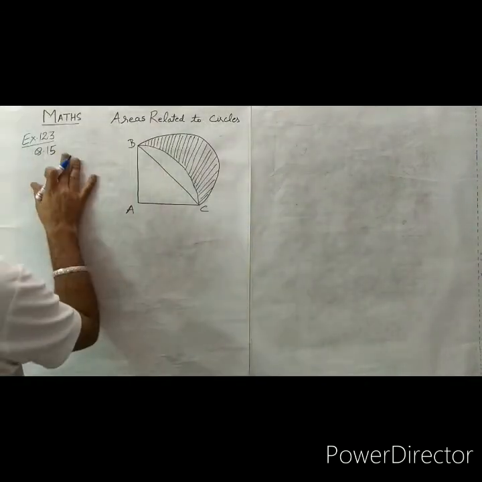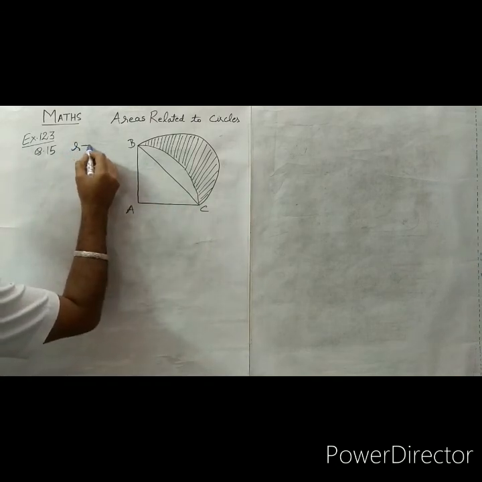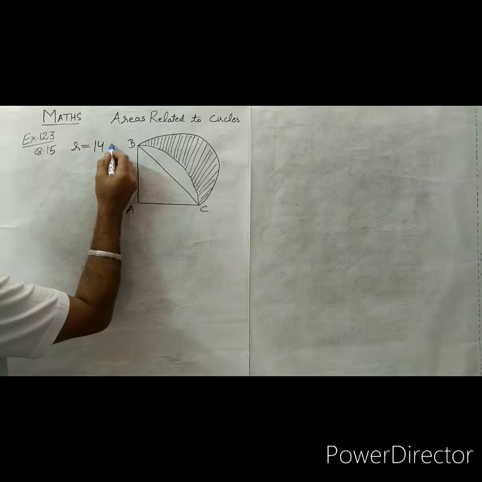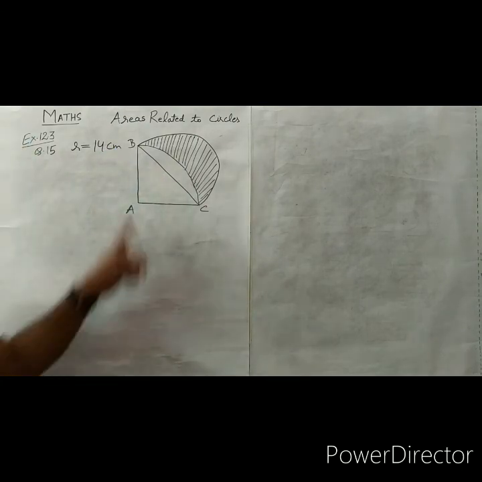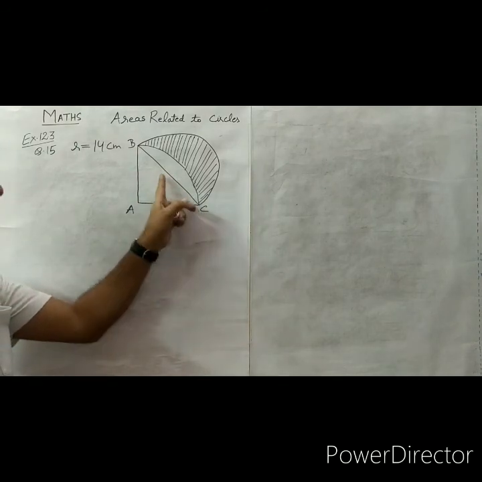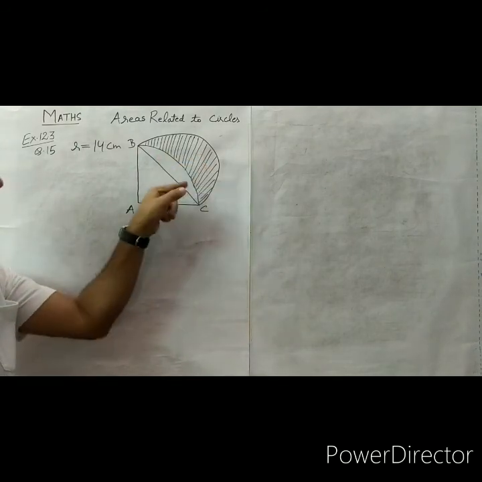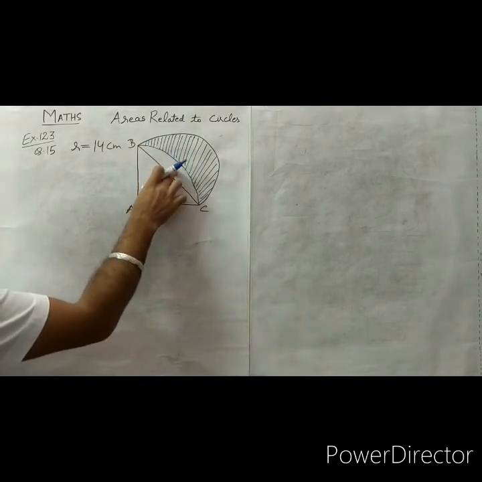So in the 15th question, in this quadrant ABC, radius is equal to 14 centimeter. So here first of all we have to find BC also, because the half of BC is the radius of the semicircle. So this shaded area, how to find this shaded area?